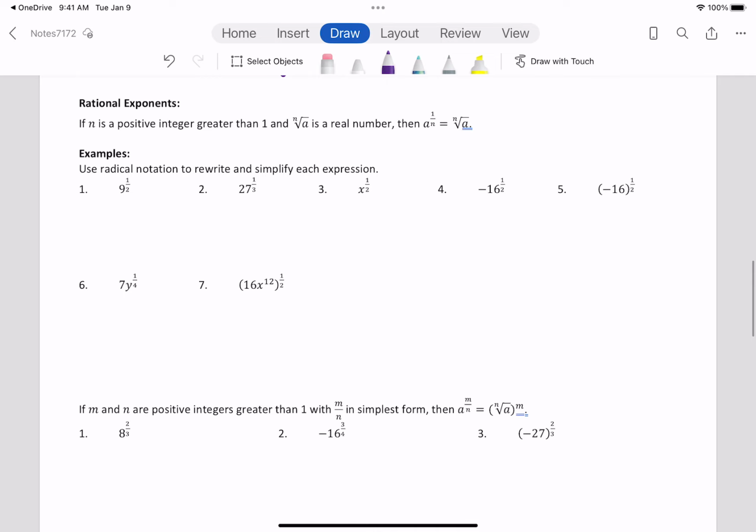Alright, the next thing we're going to look at are rational exponents. And of course, you know this word rational from the last test. This is when the exponents are fractions.